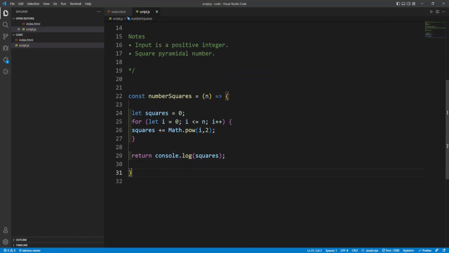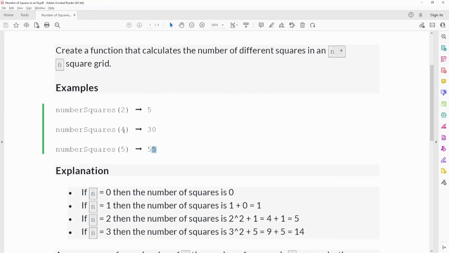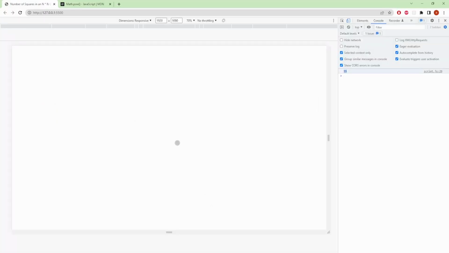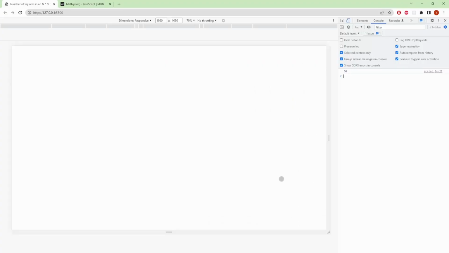Now if I call this and input 5, it should give me the answer 55. Let's see. See, it is giving me 55. Now if I give 4, it should give me 30. If I give 1, it should give me 1.